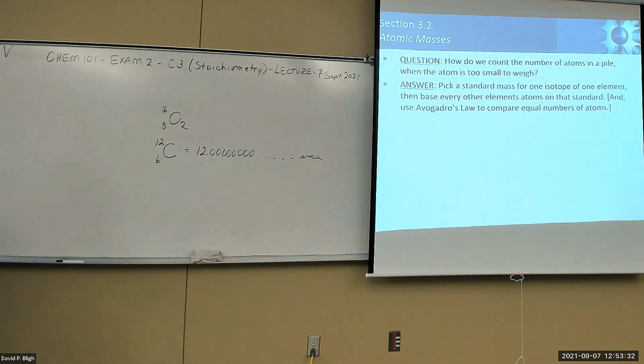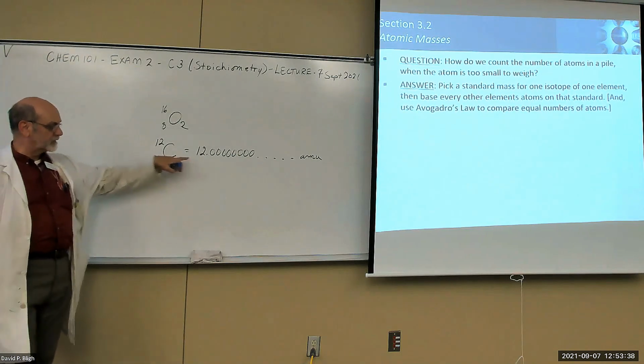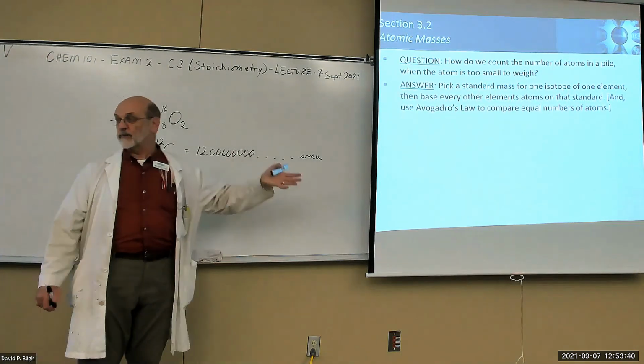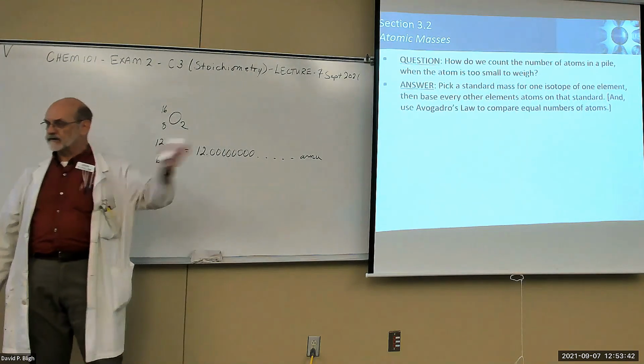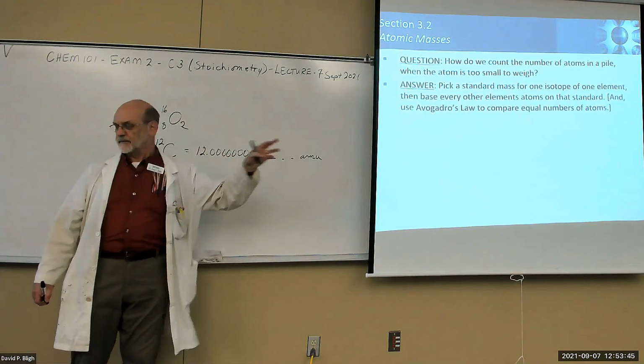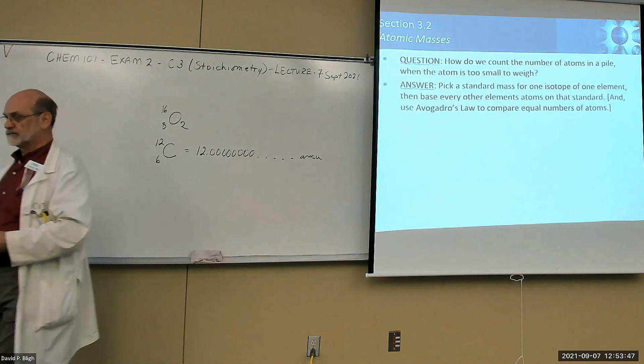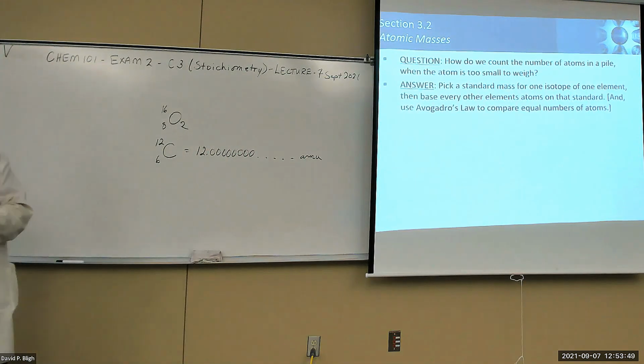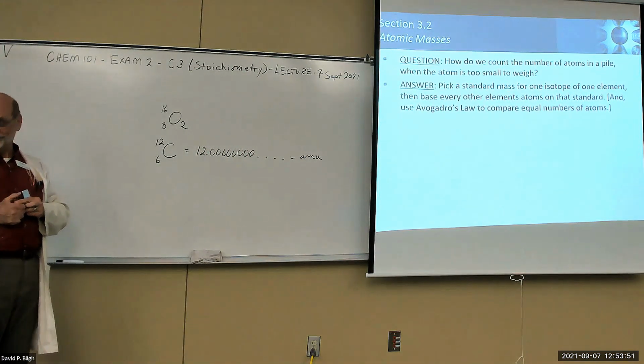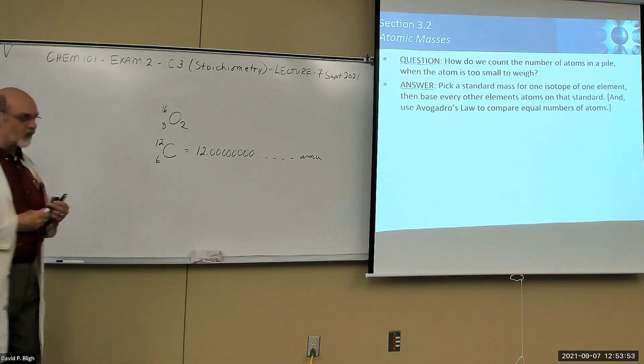And everything else is compared to that. That's why no other isotope will have exactly a whole number there. Carbon-12 is exact, with infinite decimals. The rest of them are fractional. Take my word for it.